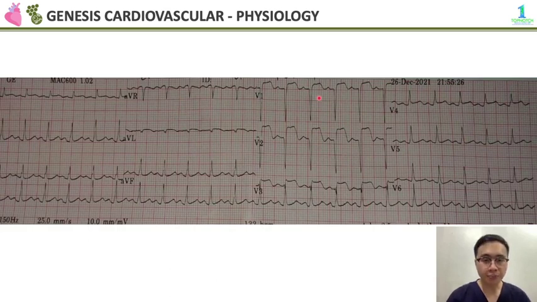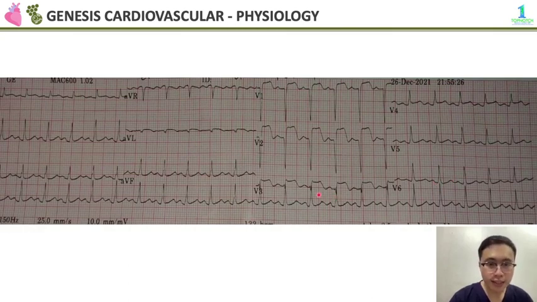So you check for the S in V1 plus the R in V5 or V6. Does it qualify? Is it more than 35? This one is roughly around 15. So by eyeballing, it will not meet Sokolow-Lyon.